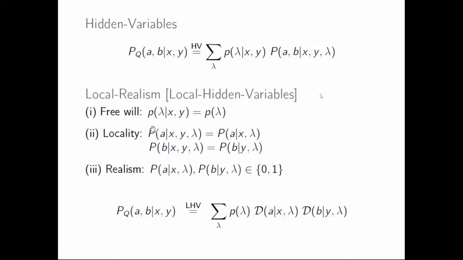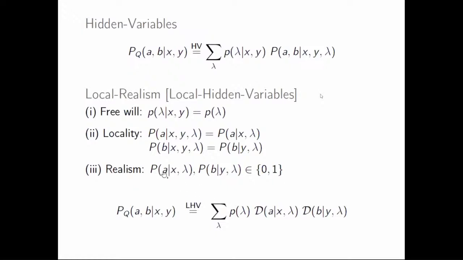So the probability of outcome of Alice should only depend on the local measurement and the local hidden variable lambda. And similarly for Bob. And this assumption of realism or determinism says that if one knows lambda, actually there are no probabilities.